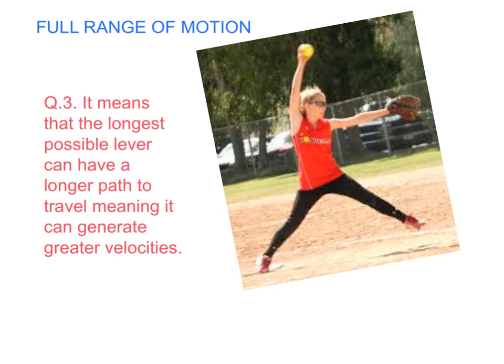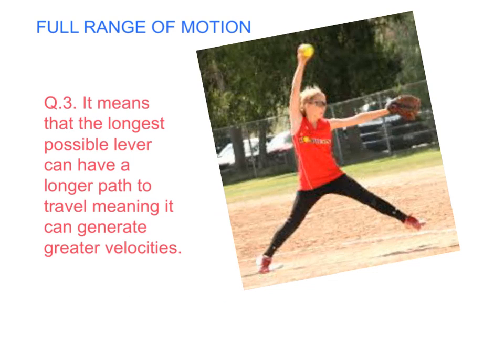And here we've got the full range of motion and the force summation being released at the end of a long lever. So moving an object through a full range of motion can lead to greater momentum because it's got a longer lever. The answer is, the longest possible lever has a longer path to travel, meaning it can generate greater velocities.